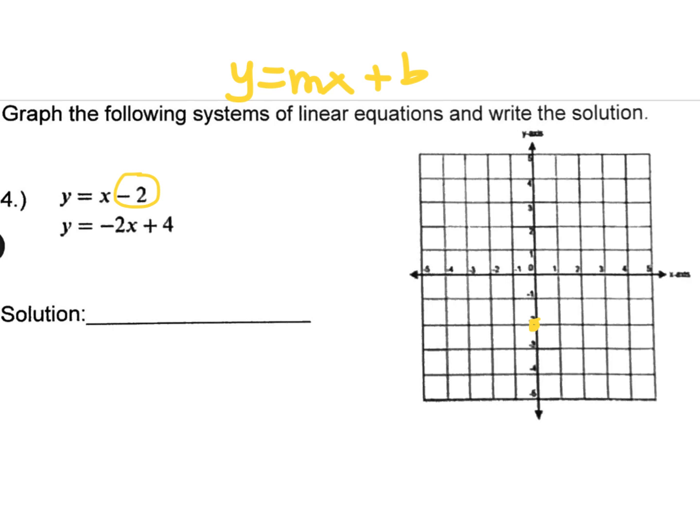Now this one, there's nothing in front of the x. That's an invisible 1. Remember that slope is rise over run. So we will rise 1 and run 1 from that point. And then I will repeat that. Rise 1, run 1, rise 1, run 1, and so on. I'm going to fill up the graph for the first equation. Then neatly connect.